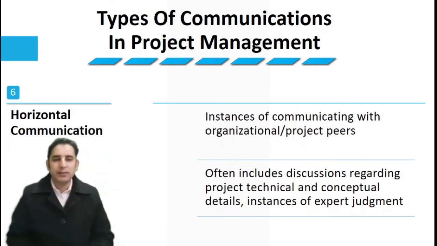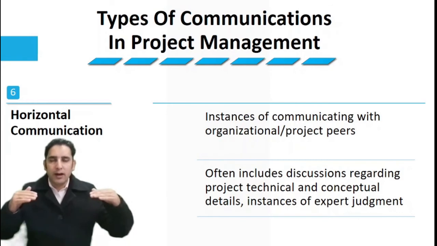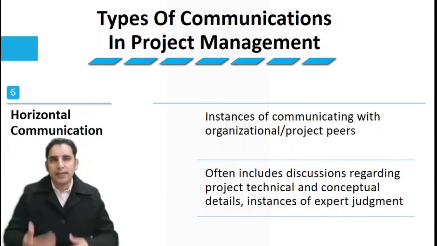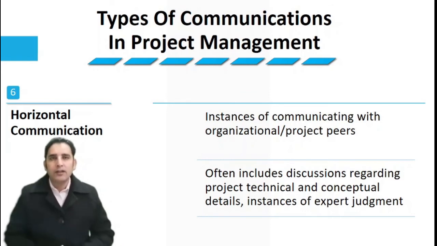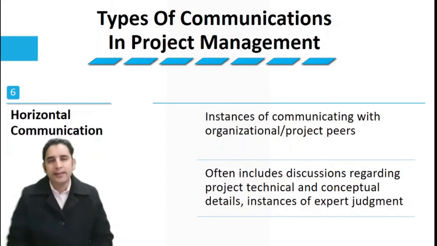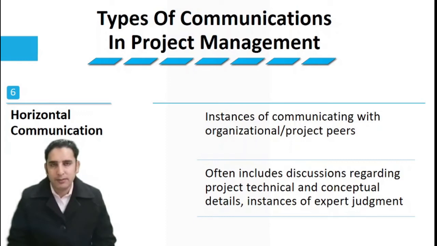It is an instance of communication happening across peers. Once the team is interacting with each other, that makes it horizontal, because the peers are exchanging information with each other.